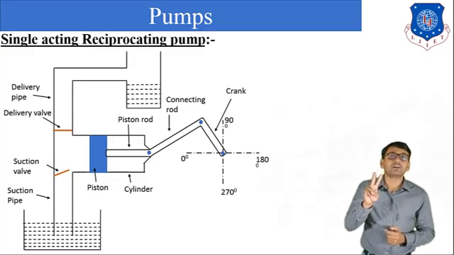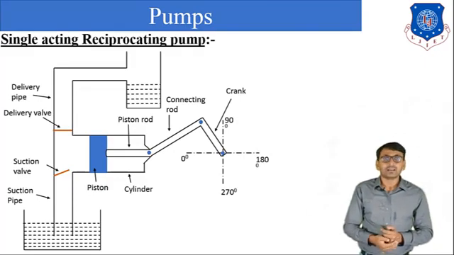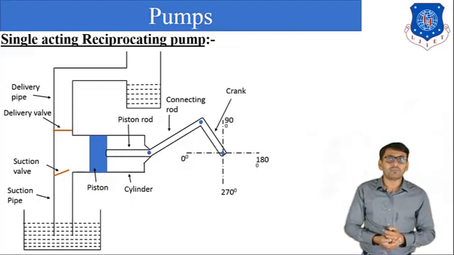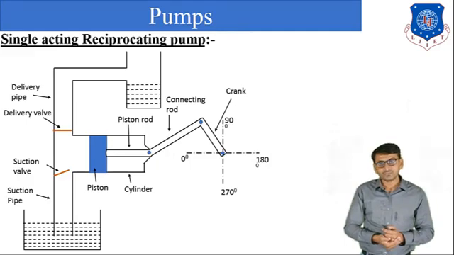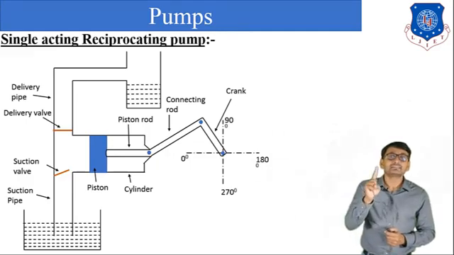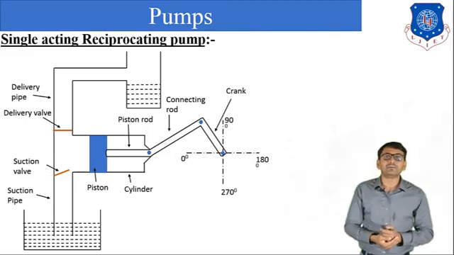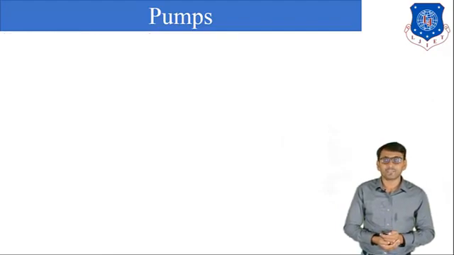During second stroke, water exits from the cylinder. During first stroke, crank rotates from 0 to 180, and in second stroke 180 to 0. In first stroke, suction valve opens. In second stroke, delivery valve opens. So this is about single acting reciprocating pump.